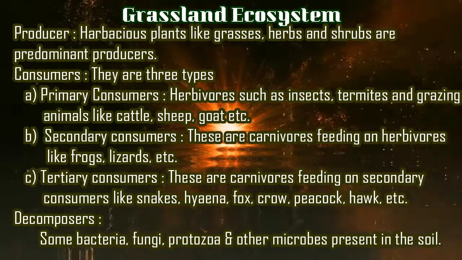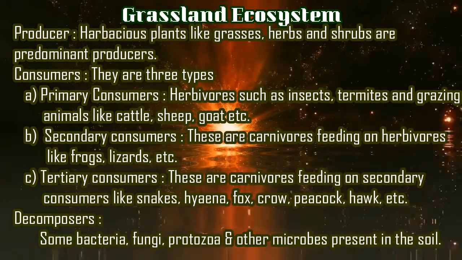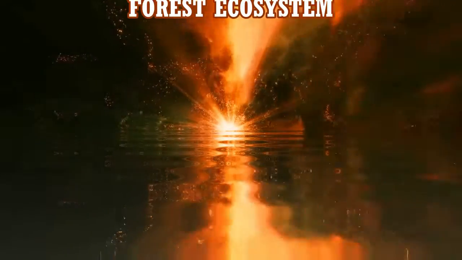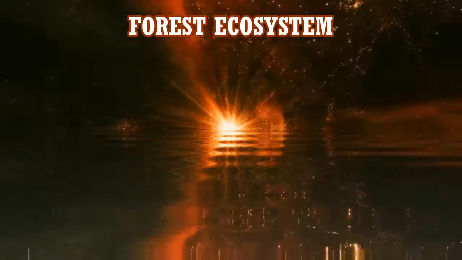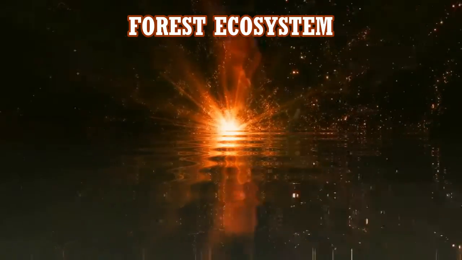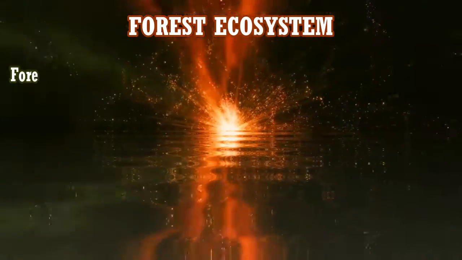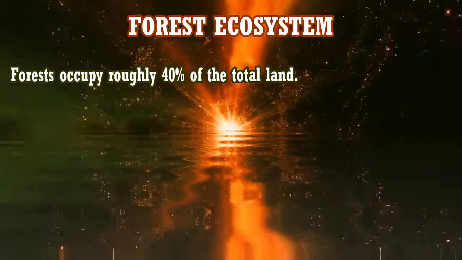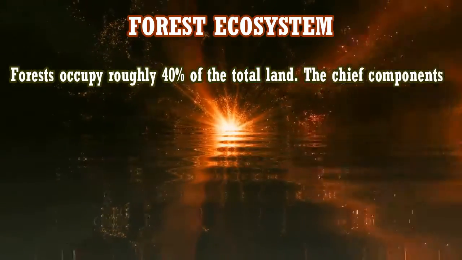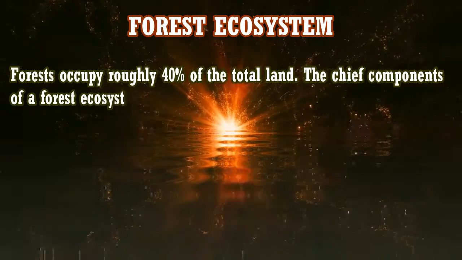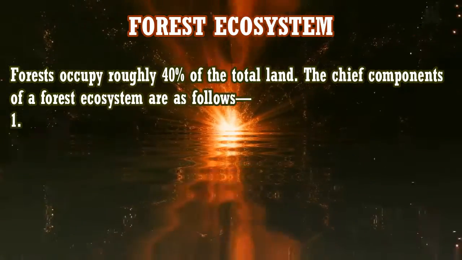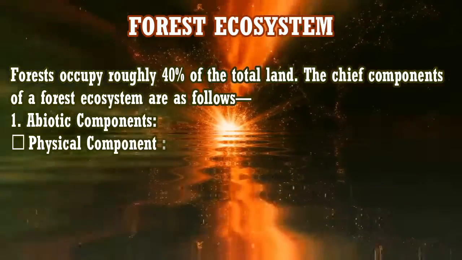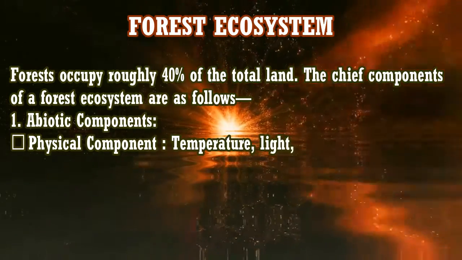Number 2 is deciduous forest, right? Can you remember the others? Number 3 is coniferous forest, and the fourth one is evergreen forest, right? And the fifth one is our very own mangrove forest.